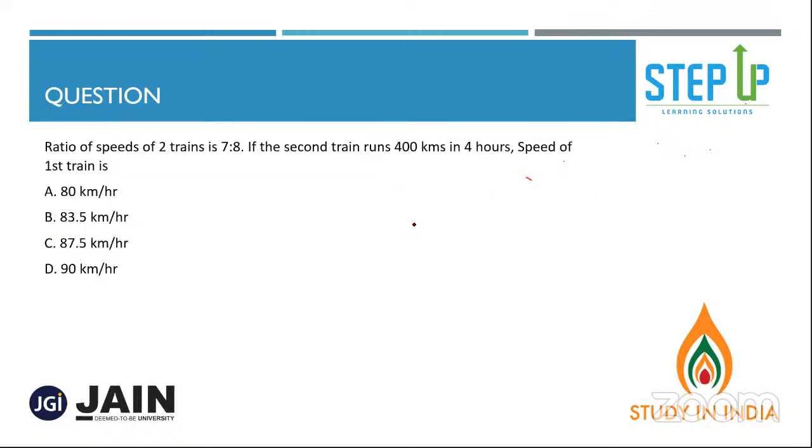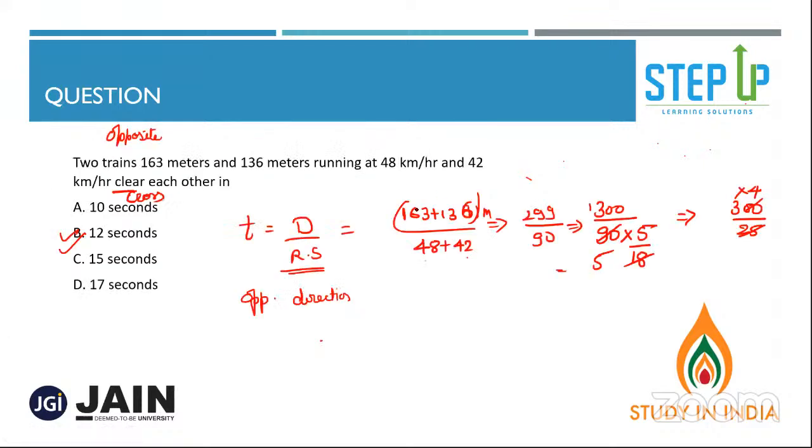48, 42 was given in kilometer per hour. This is given in meters. So 90 kilometer per hour, we converted into meter per second, 5 by 18, 90 into 5 by 18 is 25, and 300 by 25, approximately we did. 299 can be taken approximately as 300. 11.96 will be close to 12.